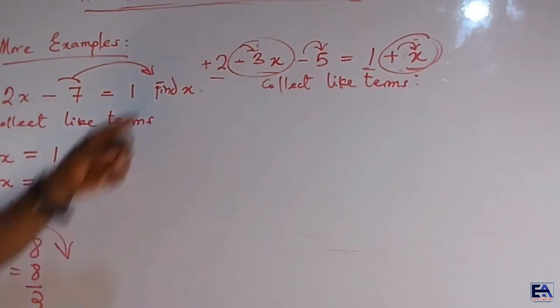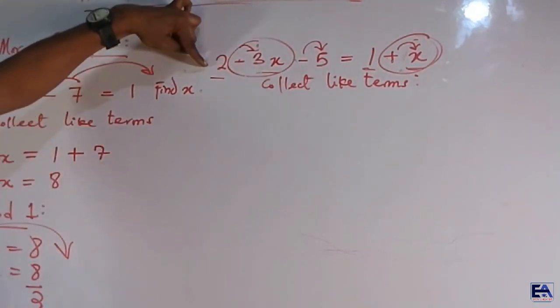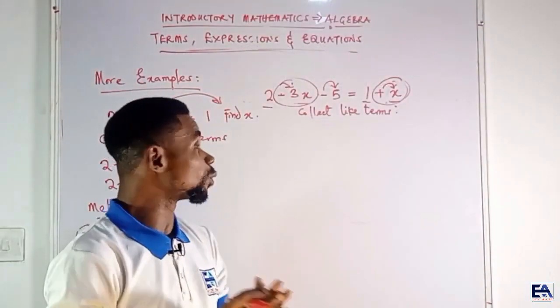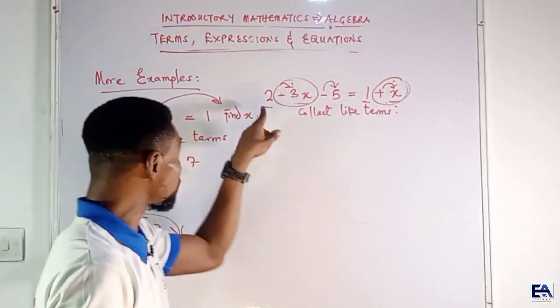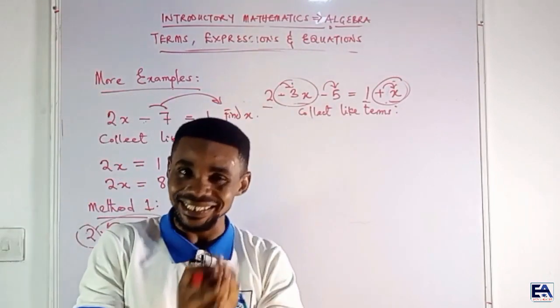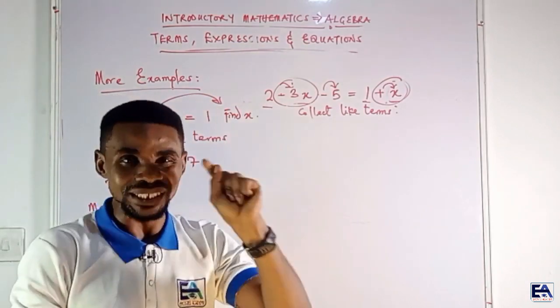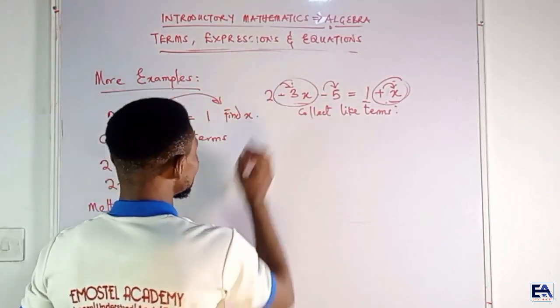In mathematics, whenever the first number is positive, you don't have to write the plus, but you know in your mind that there is a plus sign there, which says it is positive. But when the very first number in a term is negative, that negative sign must be indicated, so everyone knows that it is negative.